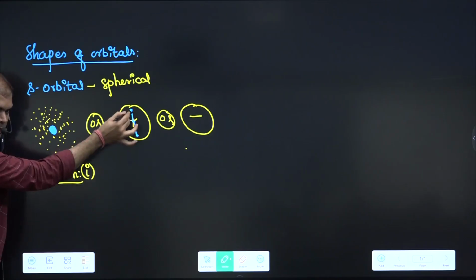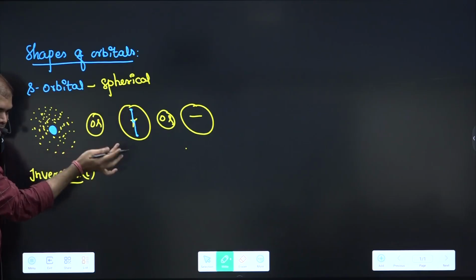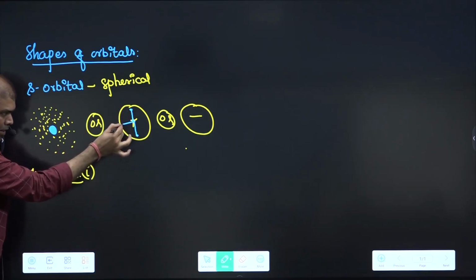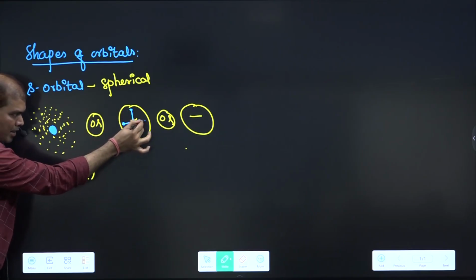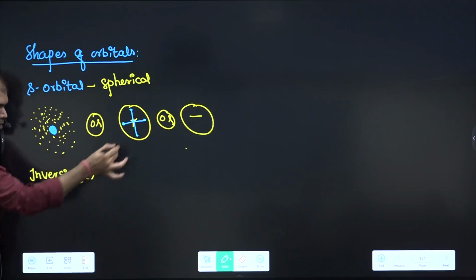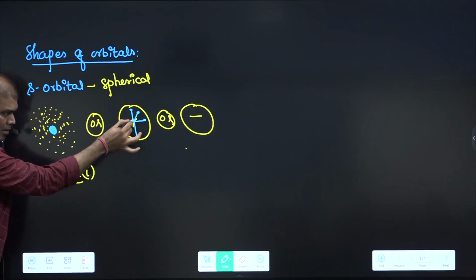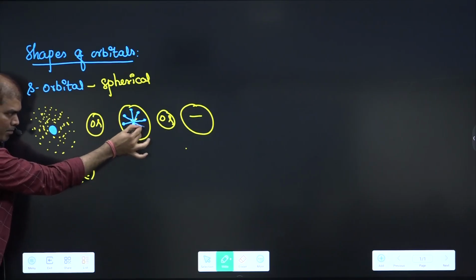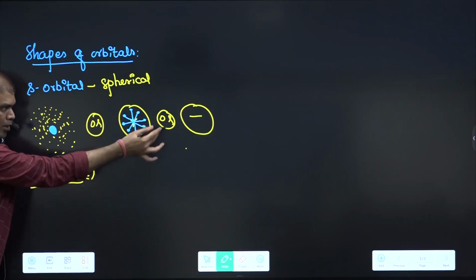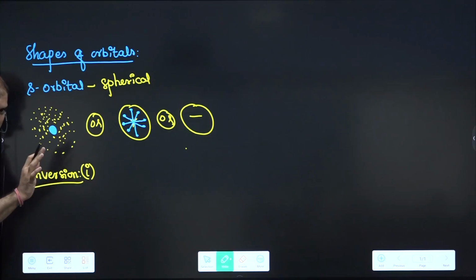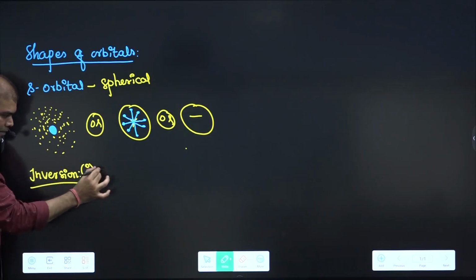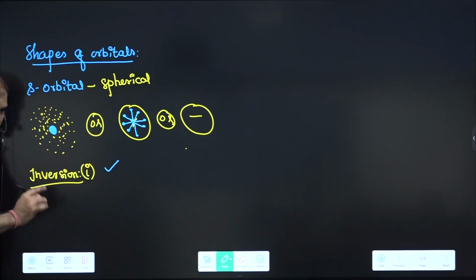So is it a plus phase? Yes, everywhere it is plus. Opposite direction, same distance, meeting plus. Or if I take minus, everywhere it will meet minus. So I say inversion is present in s orbital.